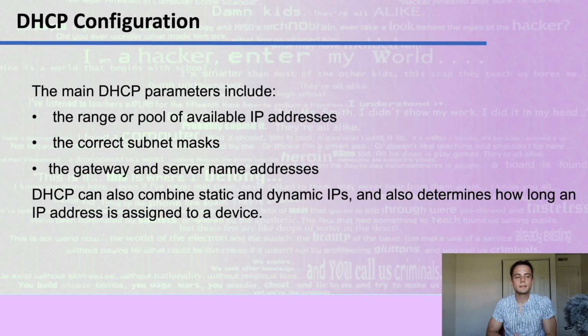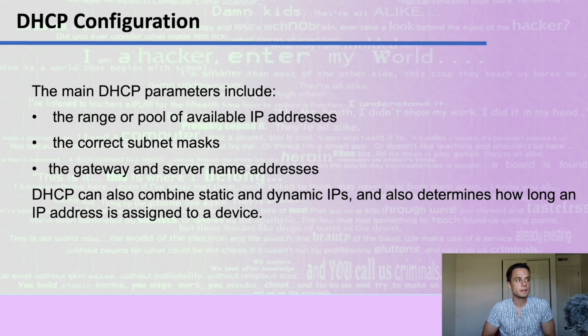When a computer in a network wants to obtain a valid configuration, usually when we start the machine, it issues the DHCP discover request, which is done through a UDP broadcast packet.